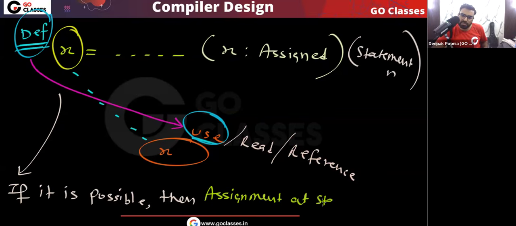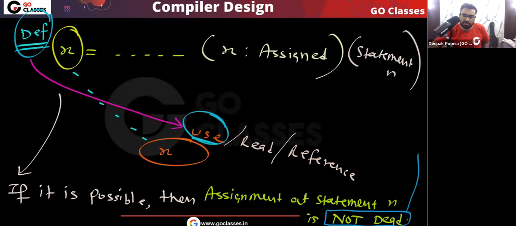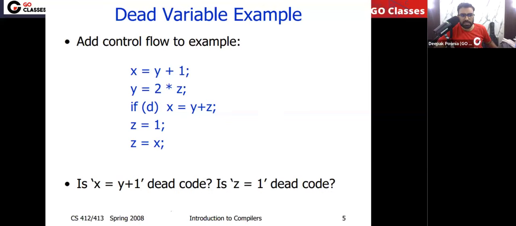Assignment at statement n is not dead. Not dead means alive. Very simple. Not dead means alive. Live. I hope you understood. Now let's see this example.